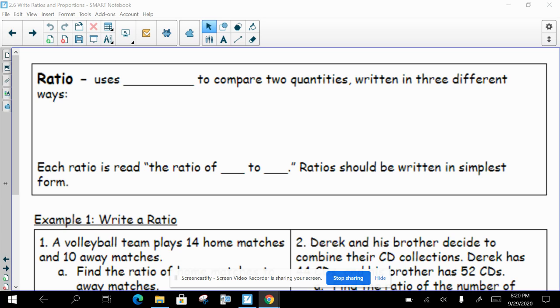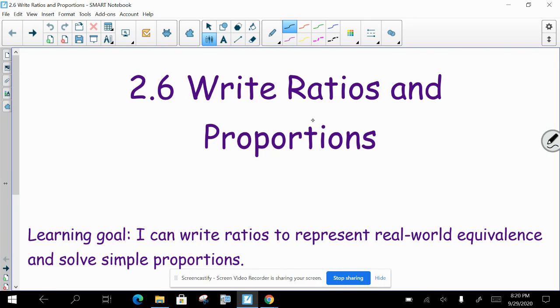So without further ado, first to learn about proportions, we have to learn about a ratio. Let's talk about the difference between a ratio and a proportion. They are two related terms, but a proportion is actually an equation of ratios.